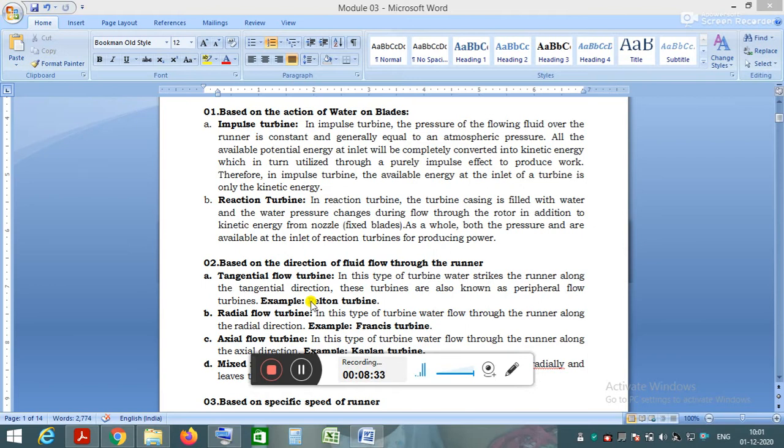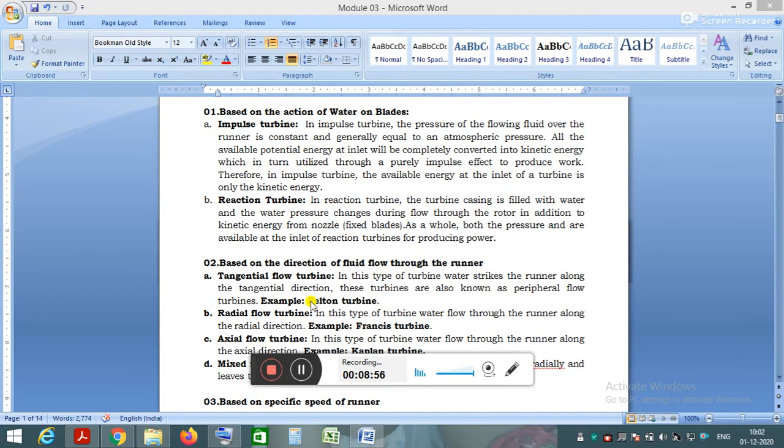These turbines are also known as peripheral flow turbines because the water enters at the periphery, the circumference of the runner. The best example is Pelton wheel.